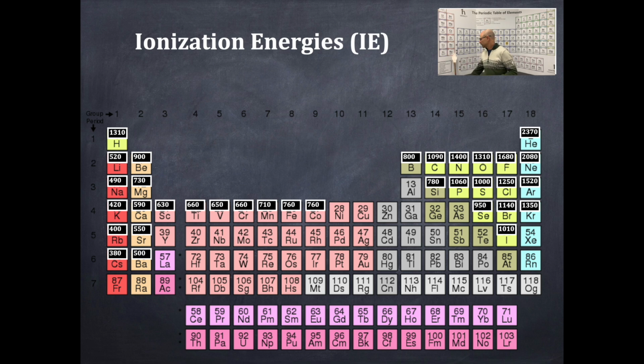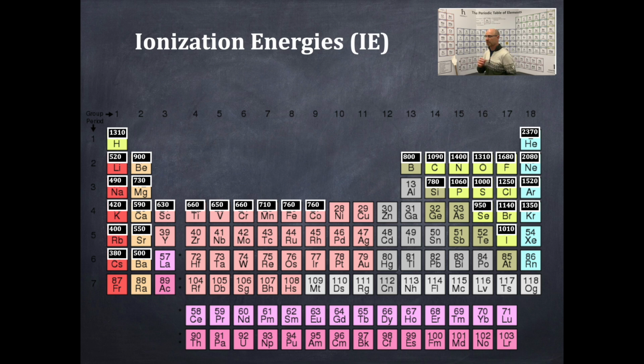We're going to take a look starting with potassium, which is period 4, then calcium, scandium, titanium, vanadium, chromium, manganese, etc. So if you look at those numbers, that's 424 for potassium, 590 for calcium, 630 for scandium, titanium is 660, vanadium is 650, chromium is 660. You should see those are increasing as you go to the right.